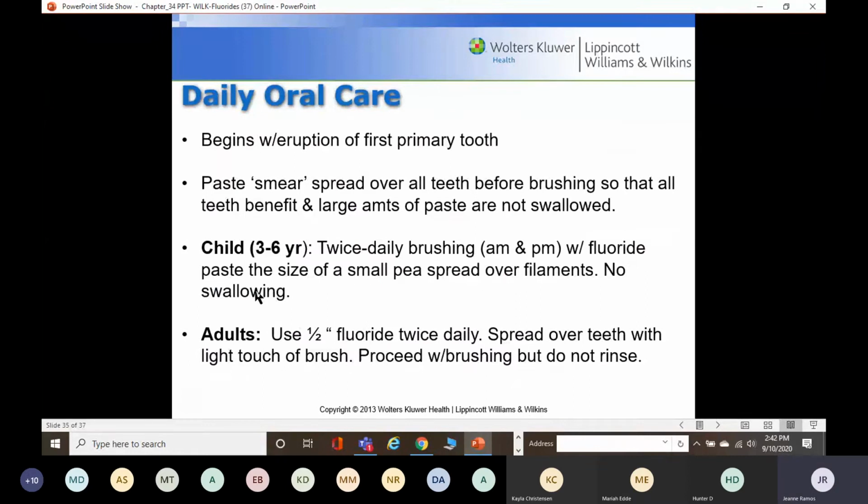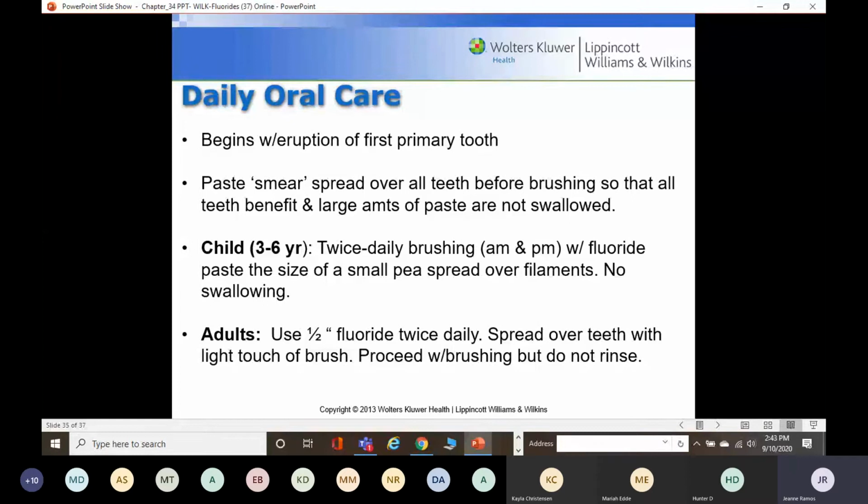Daily oral care begins with eruption of the very first primary tooth. You can put just a little smear of paste spread over all the teeth before brushing so that all the teeth benefit and large amounts of paste are not swallowed. Usually you would take a piece of gauze and just wipe the teeth off from breast milk and/or formula when they're infants.